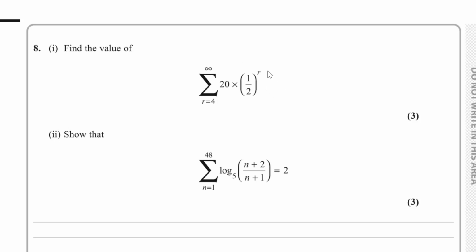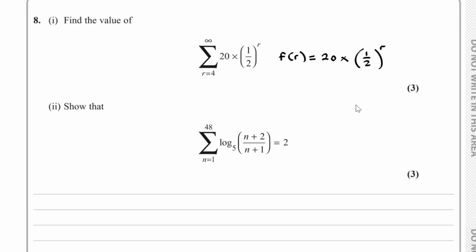And I think it would help if you recognize over here f of r, that's equal to 20 times by 1/2 to the power of r.